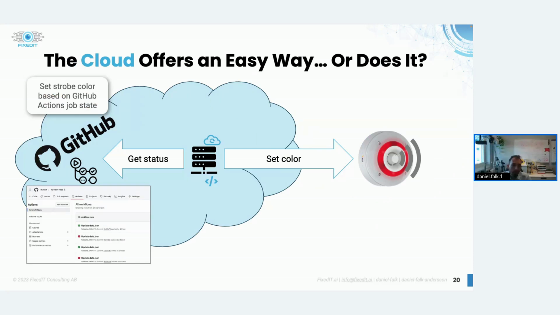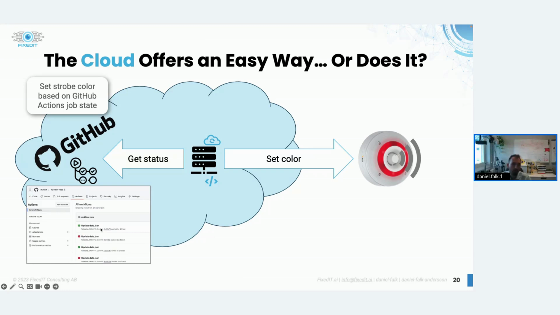So if we take a look at one use case, we have a GitHub account where we have a JSON file. We want to validate that the JSON file is always in a good state. And we do that using GitHub workflows, which allows us to run a job every time a file is changed on our main branch.